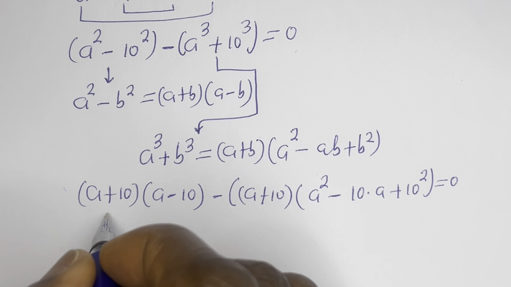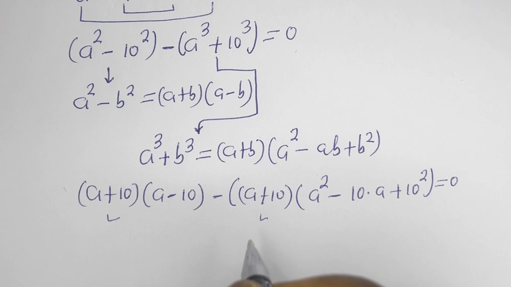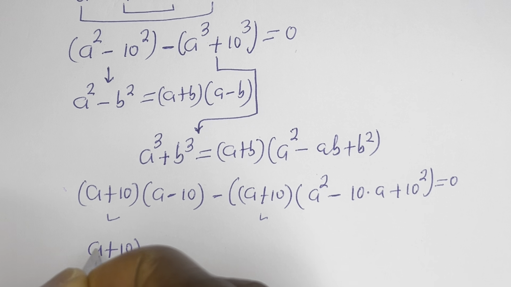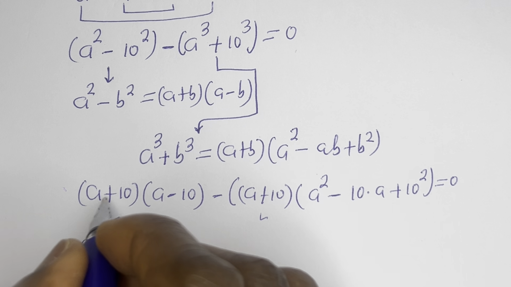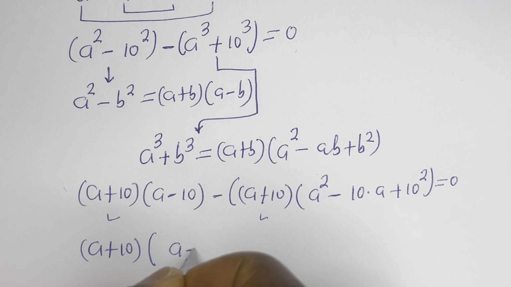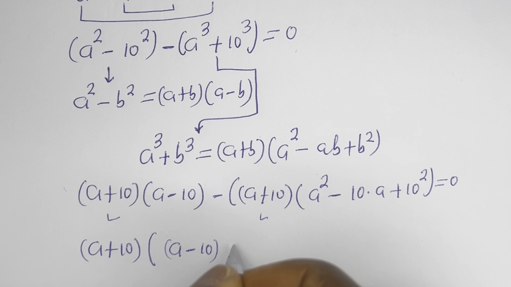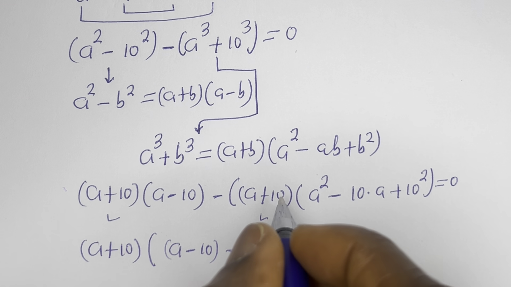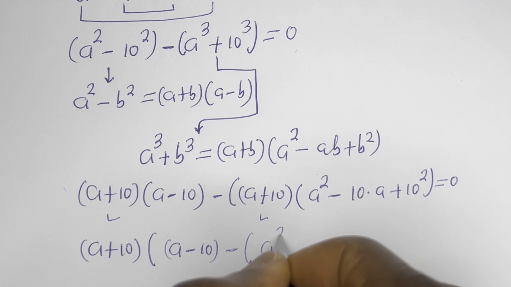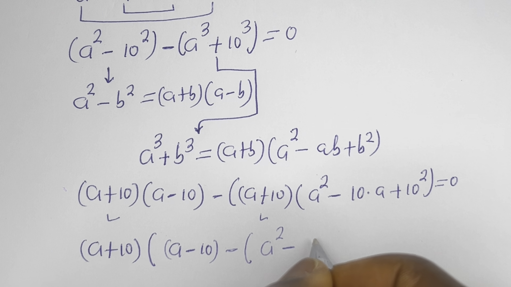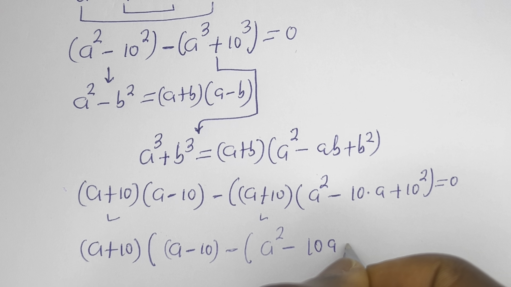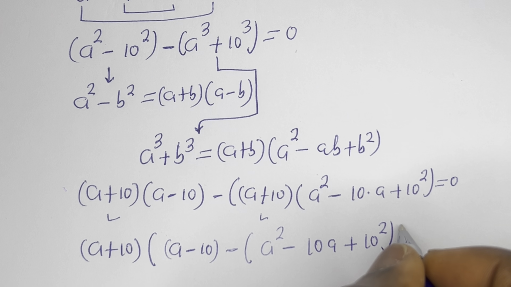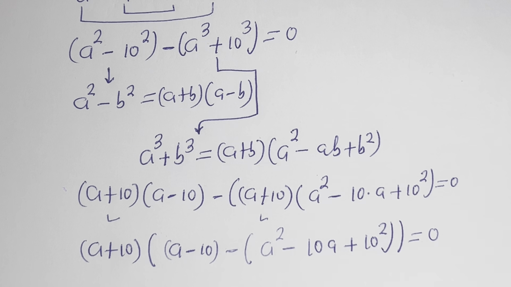Then here a plus 10 is common. Let's bring it out. We have a plus 10 bracket. If you divide this by this, we have a minus 10, then minus, if you divide this by this, we have a squared minus 10a plus 10 squared is equal to 0.